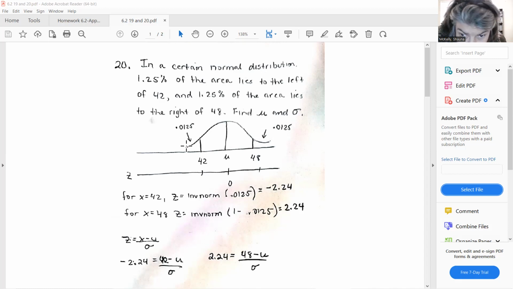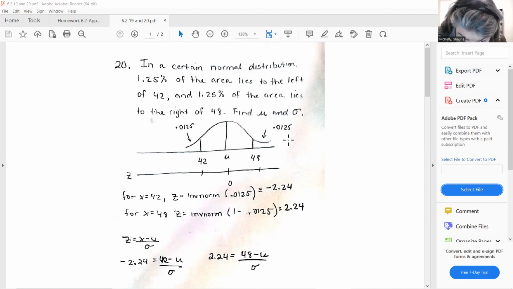And by the same token, 1.25% of the area lies to the right of 48. There's only a little bit of area that lies to the right of 48. So you know that you're not on the same side and mu is larger. This is 0.0125, okay?